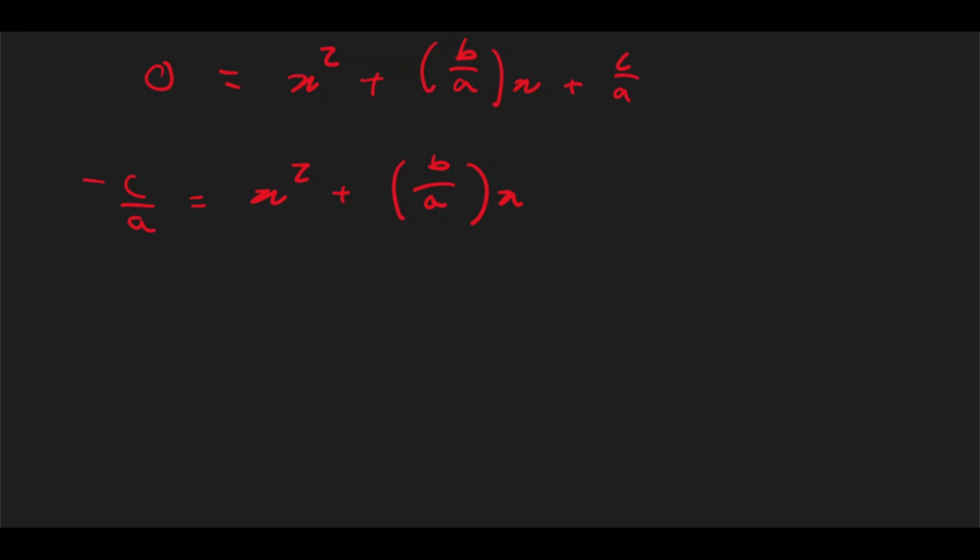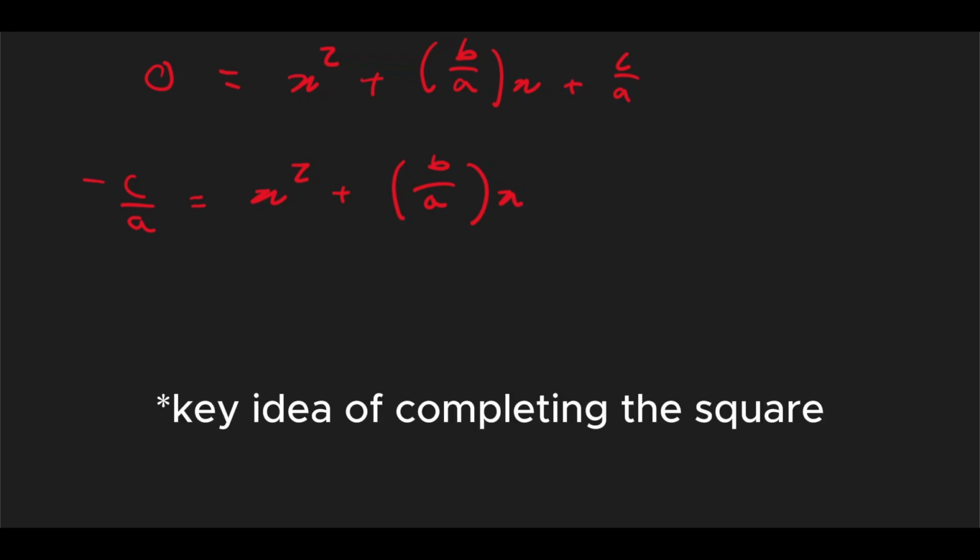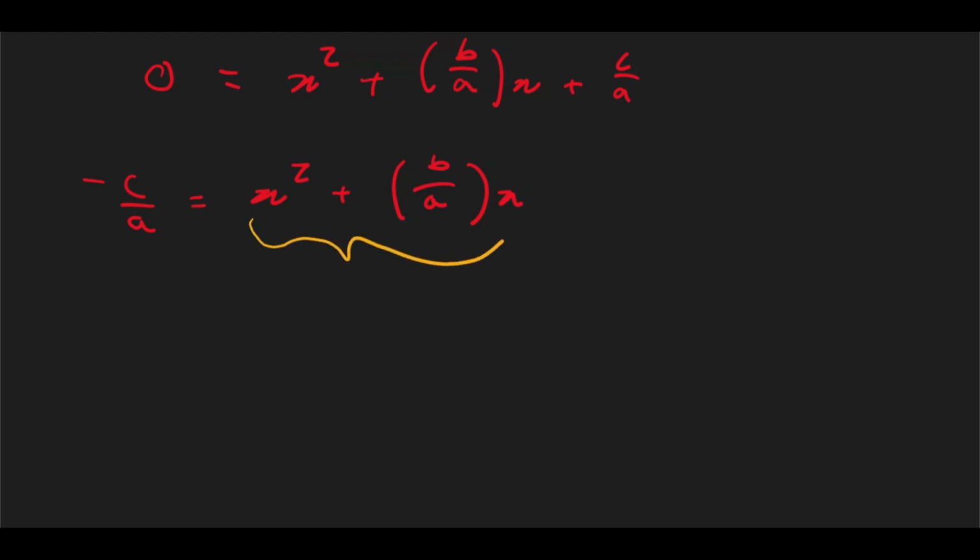So the key idea of the quadratic formula is that with this right-hand side of this equation, we have x squared plus b over a x. And this is really annoying to work through algebraically.